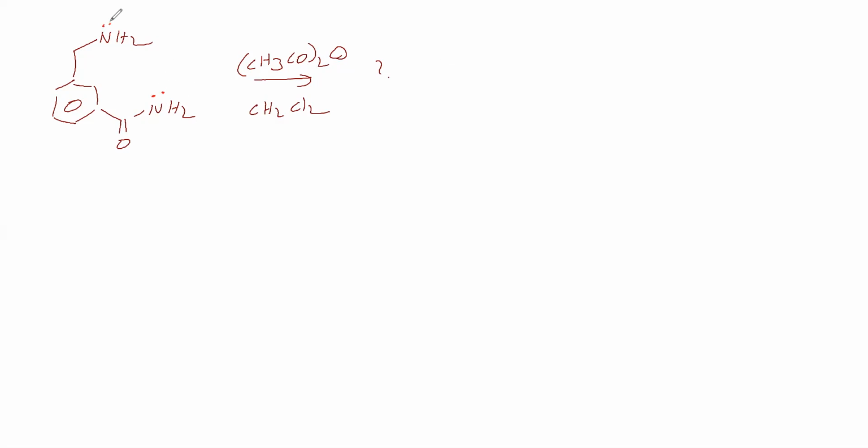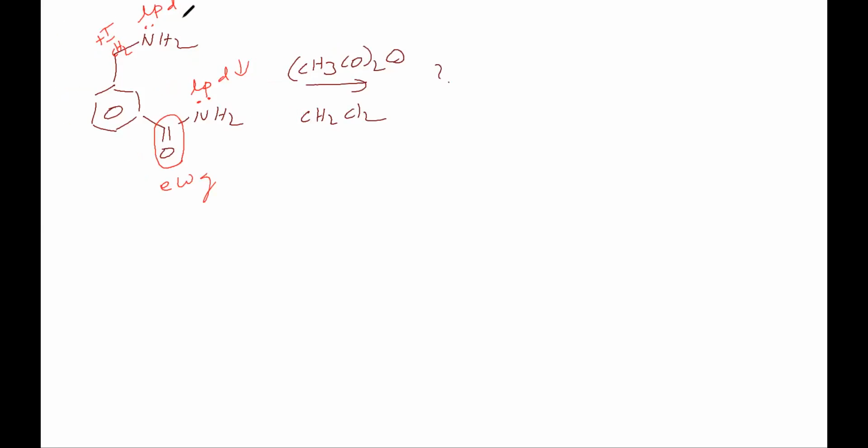Here also lone pair is available. This CO group is an electron withdrawing group, therefore lone pair density is less. It is a CH2 group, it shows plus I effect, therefore lone pair density is high here.